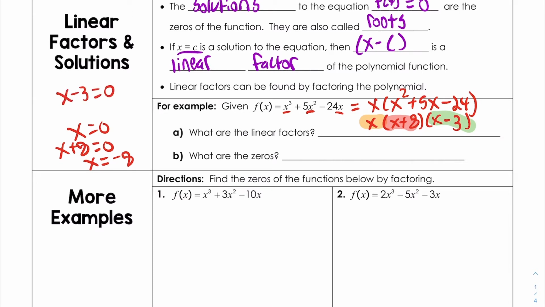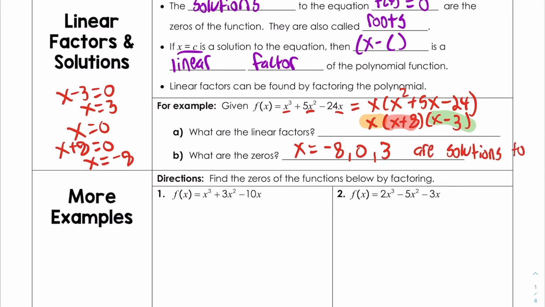If we set it equal to 0, and then we add the 3 to the other side, we get x equals 3 as another 0. So the 3 zeros, by factoring, were x equals negative 8, 0, and 3. And those are the solutions to the entire polynomial being equal to 0. So that's why these are called zeros.